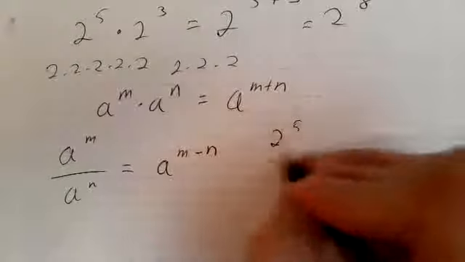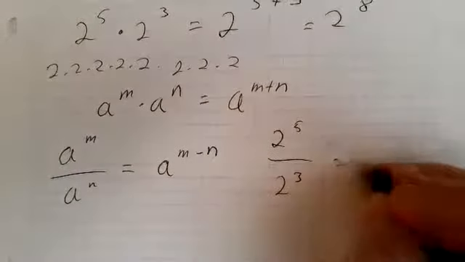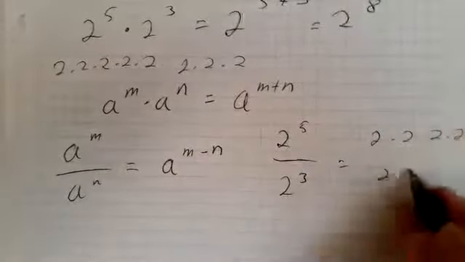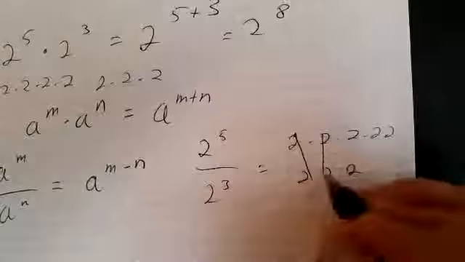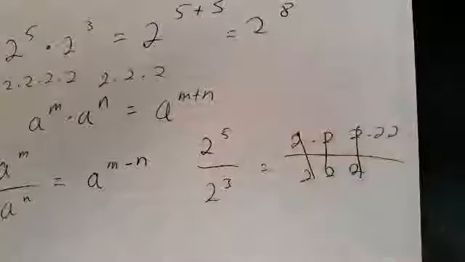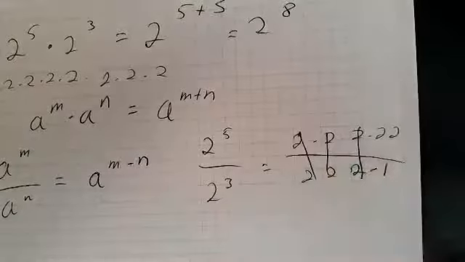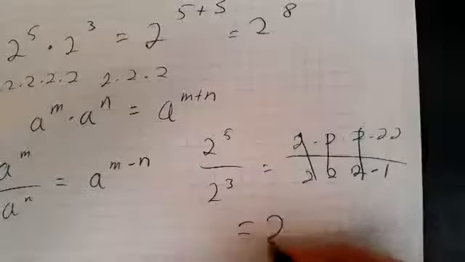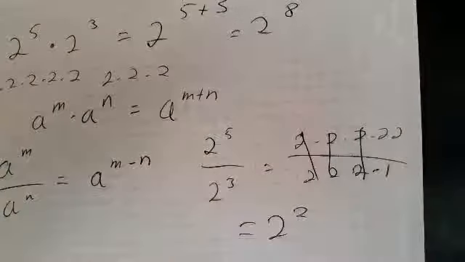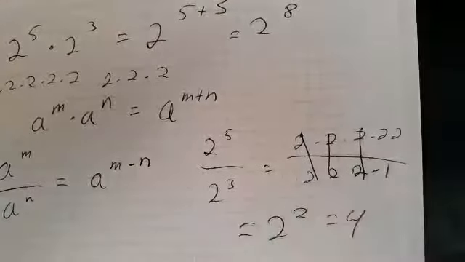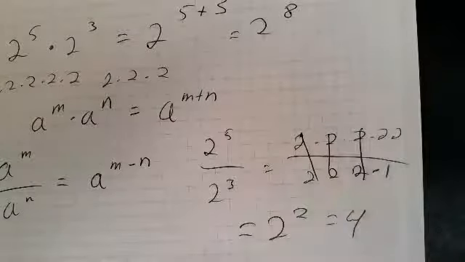So if you have 2 to the 5th over 2 to the 3rd, you can write out 5 of those guys, you can write out 3 of them, and then you might notice you have the same thing over itself. Those things simplify out, and I'm left with what? 2 squared? Or 2 to the 5 minus 3? I guess we can simplify that out since it's numbers. But this is the property that I'm looking at, right?